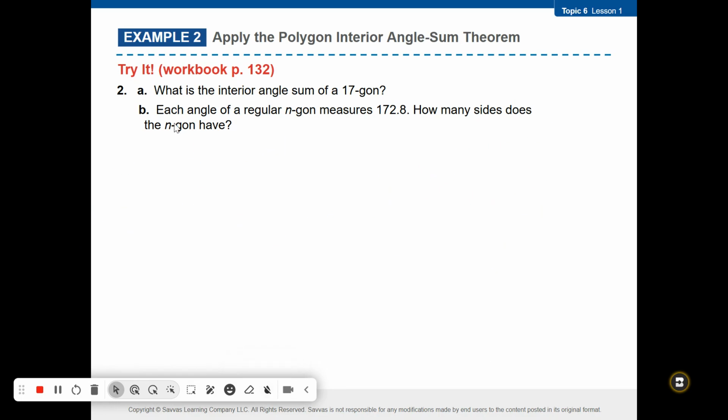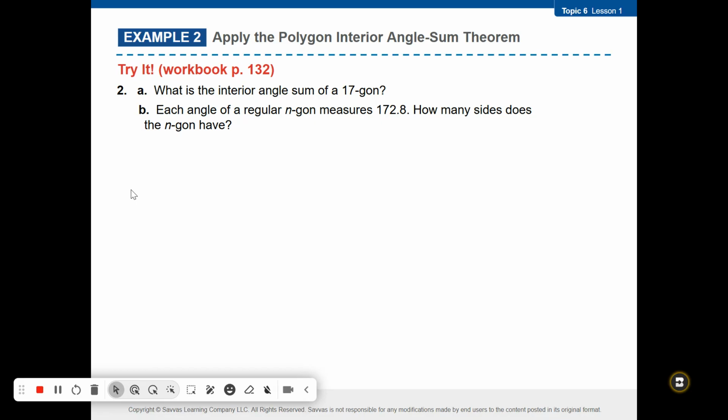All right, let's take a look at example 2. For part A, I want you guys to calculate that one on your own, and then we'll talk about part B. Okay, go ahead. What did we get for part A?